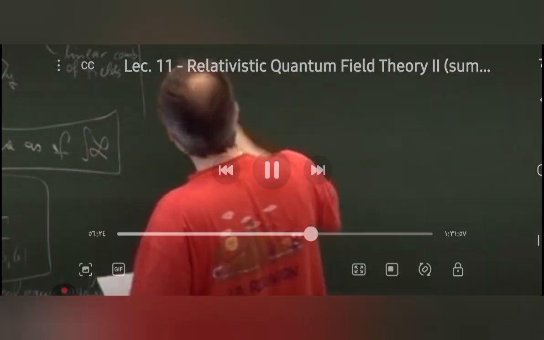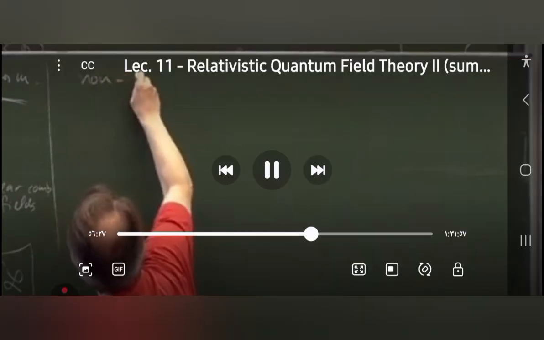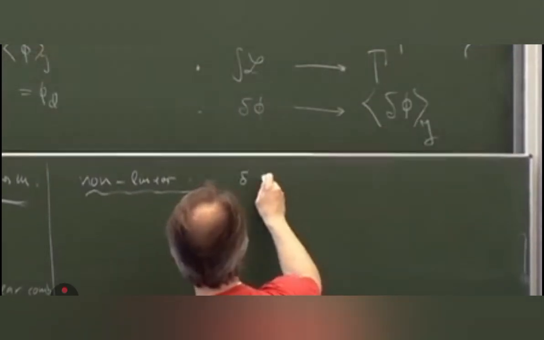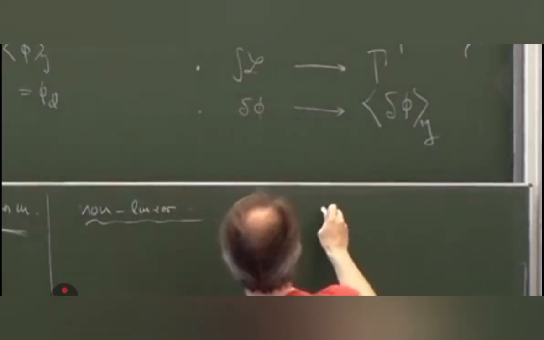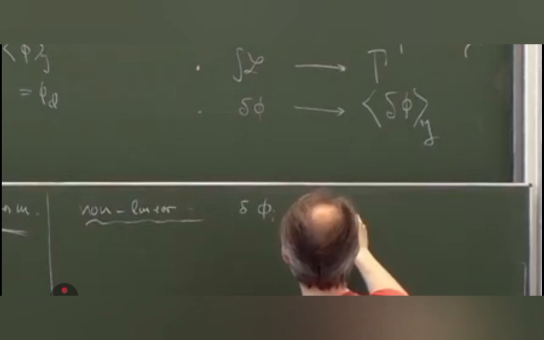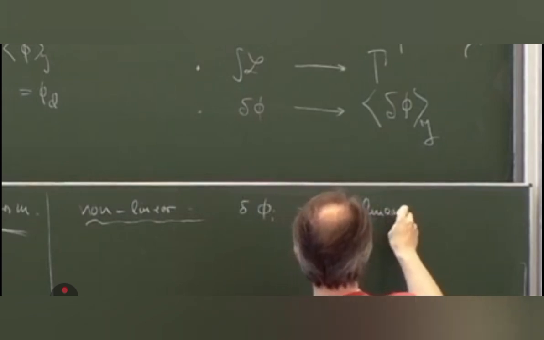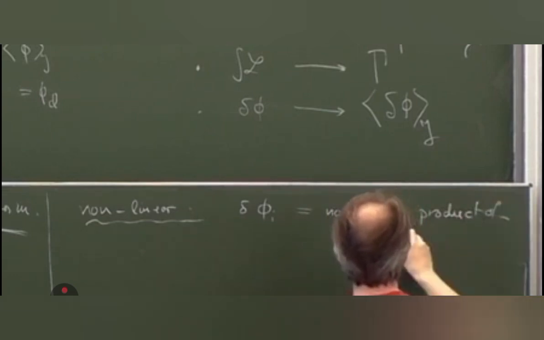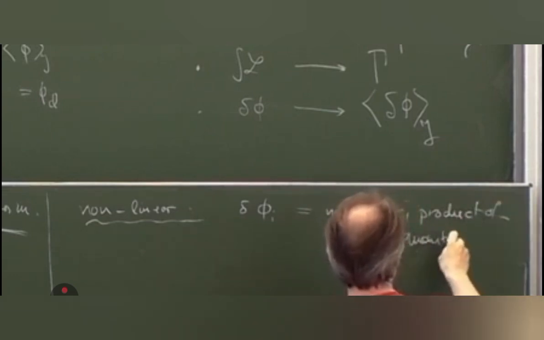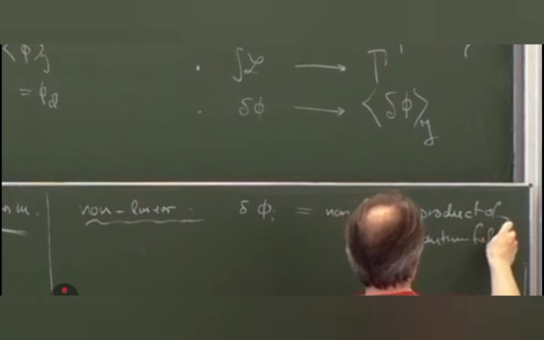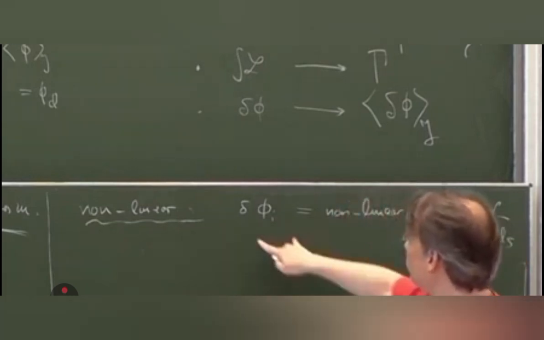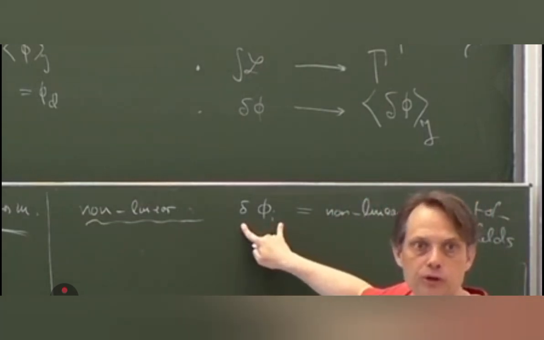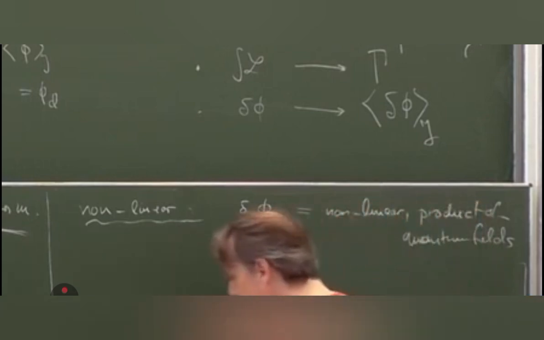Okay, so let us now look at the other case, the nonlinear case. Here we allow that our field variation is a nonlinear product of quantum fields, so that in the quantum theory that would be a product of operators, such that the expectation value behaves in a complicated way.